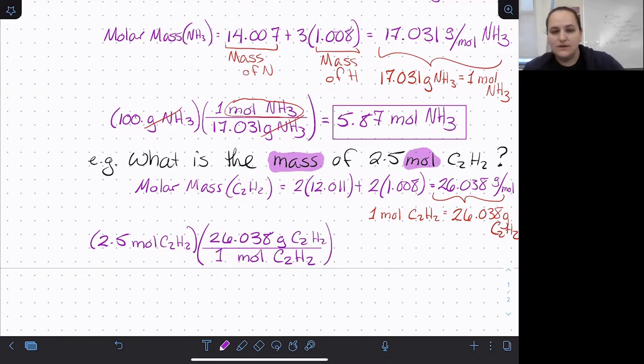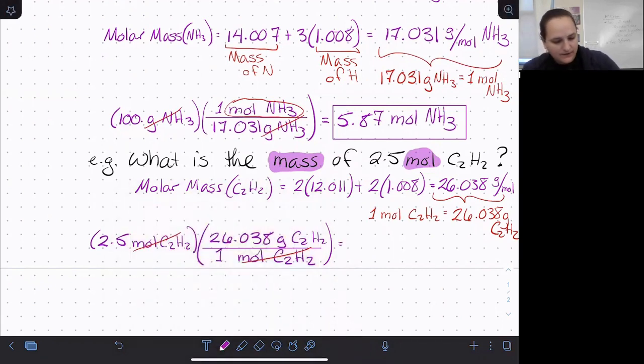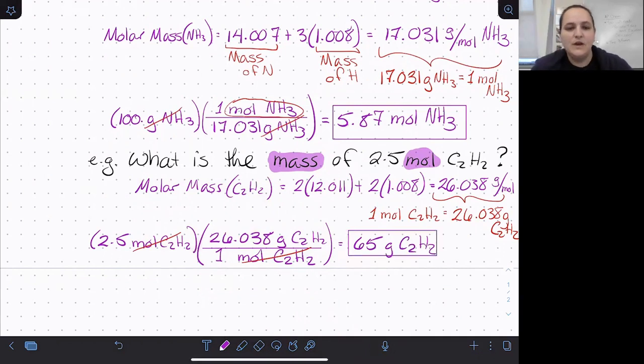So in this case, the 26.038 is going on the top, since that is the unit we want to end up in. 1 mole goes on the bottom so that our units of moles cancel. And this gets us about 65 grams of acetylene. So we can use molar mass to convert either grams to moles or moles to grams.